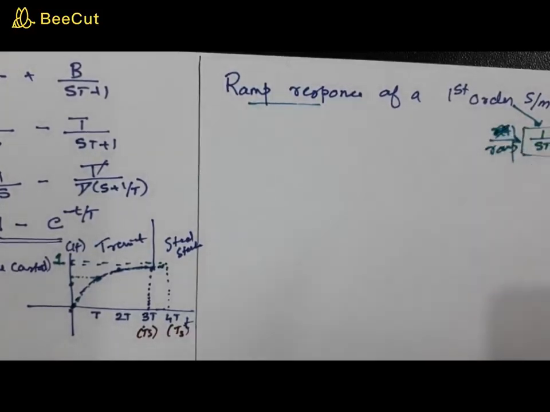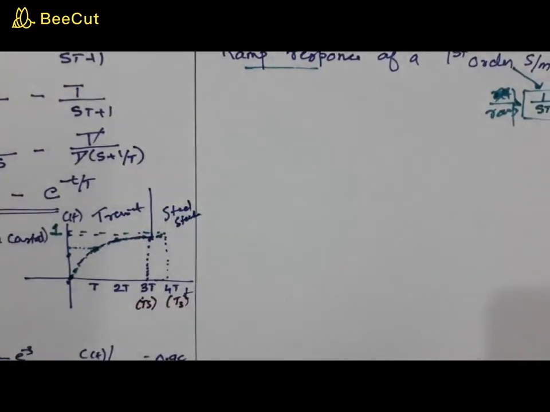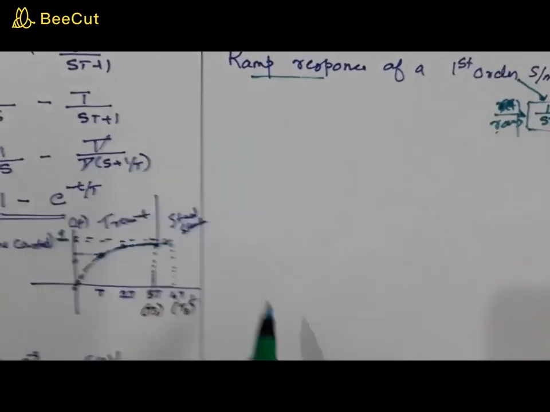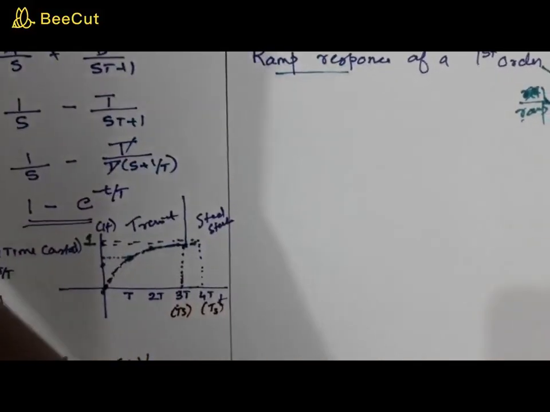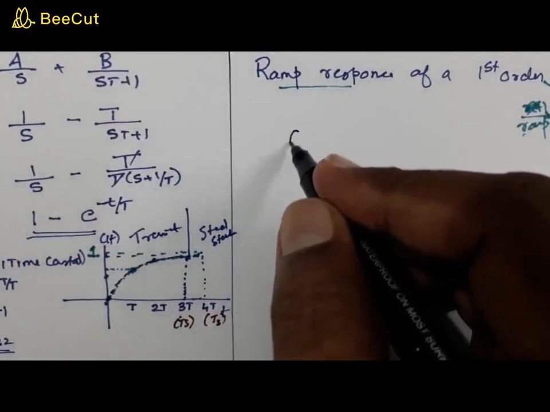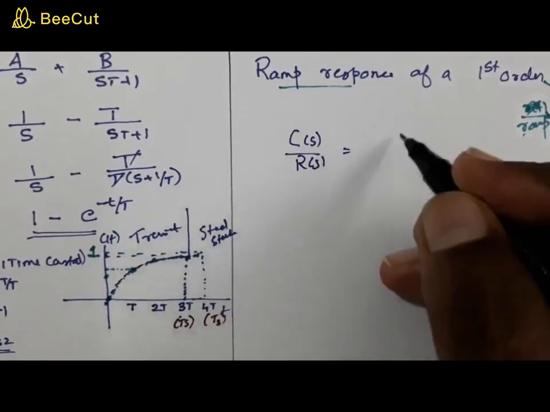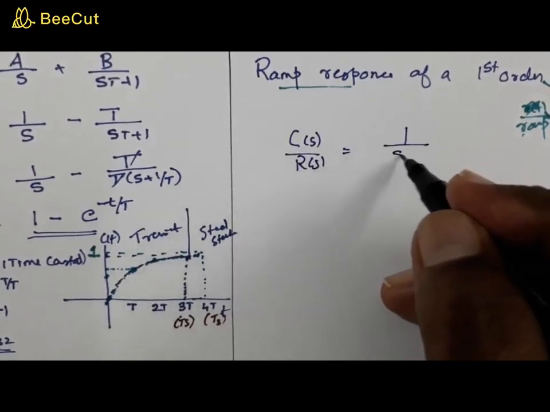Don't get confused with the r of t which we represented for the closed loop system. This is a ramp input, and the response is called the ramp response. Now, c of s by r of s is 1 by sT plus 1.